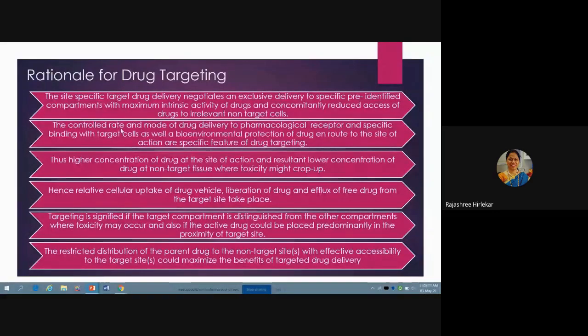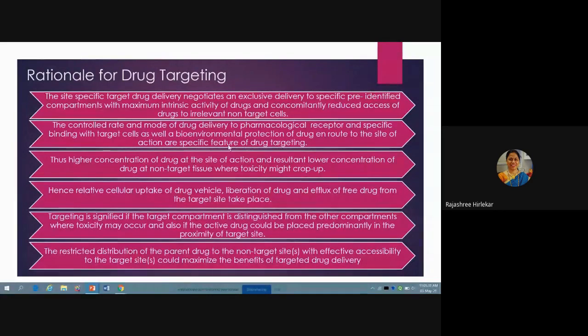Then the controlled rate and mode of the drug delivery to the pharmacological receptors and specific binding with the target cells, as well as bioenvironmental protection of the drug en route to the site of action, are specific features of drug targeting.